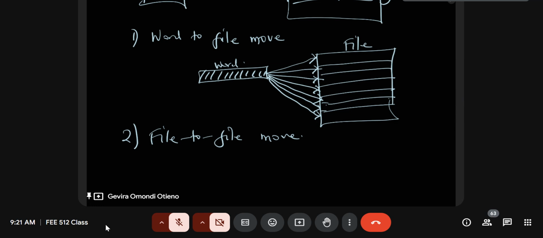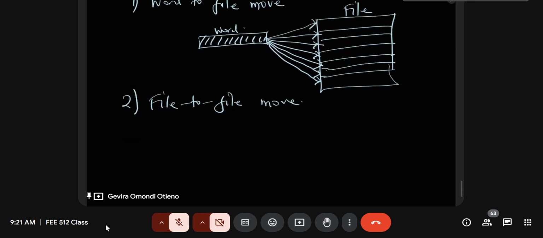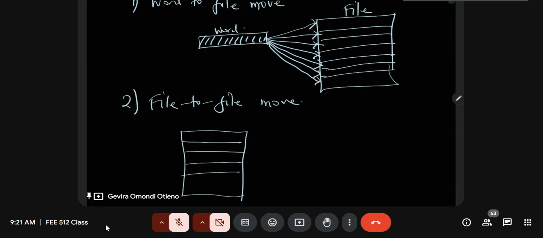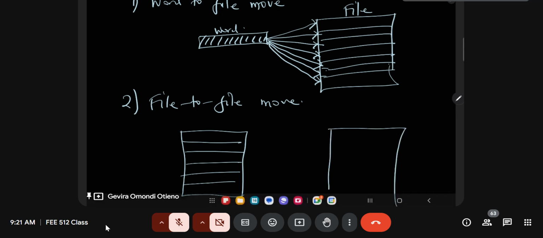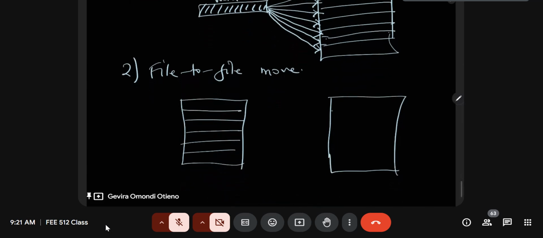This is like now you're trying to move large amounts of data and you're passing them on at the same time. Okay, so you have a file there like that, and then you have another file there like that.